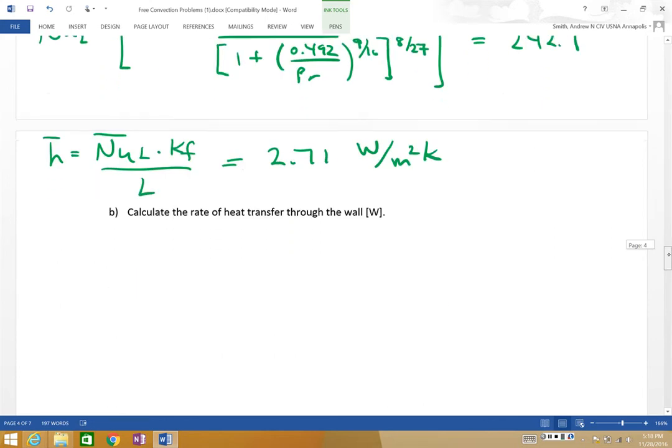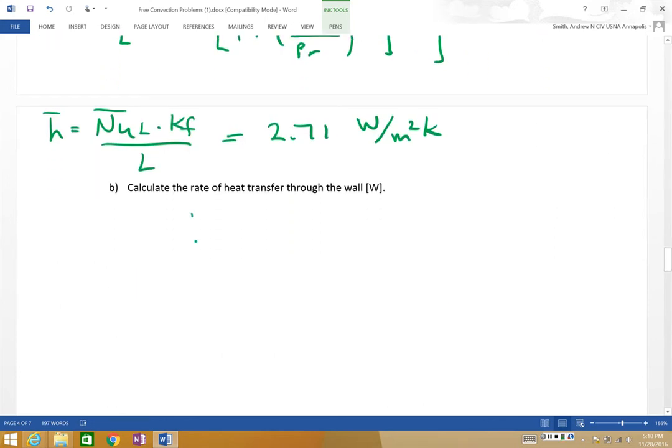Alright, part B says calculate the rate of heat transfer through the wall. Well, here's my wall, and I know this temperature here, T surface inside, and I know this temperature here, T infinity, and I know H. Then I can use just the equation for convection.